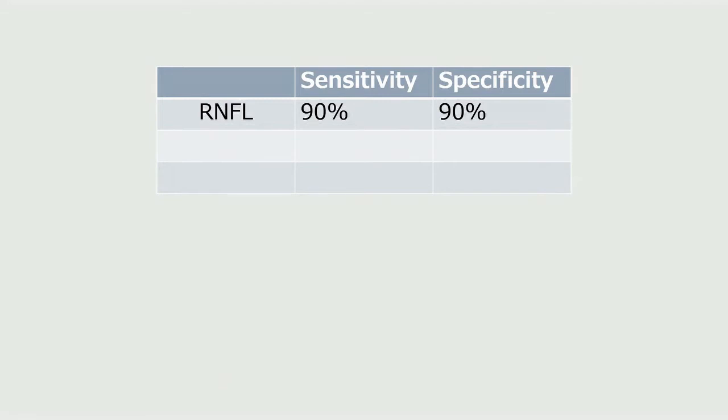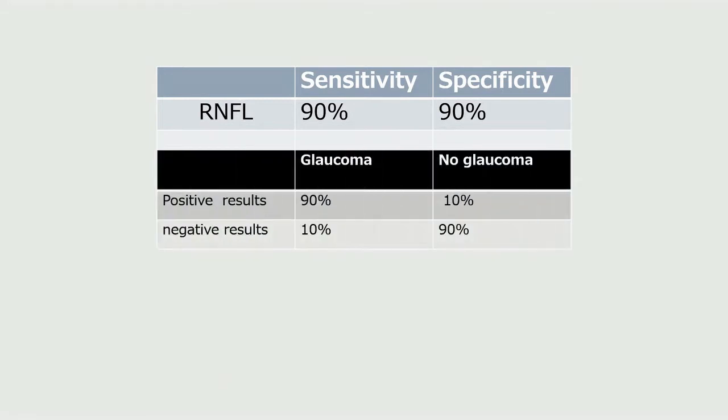Now, if we apply 90% sensitivity, this means we are going to have real positive results in 90% of the group of glaucoma. The remaining will show us negative results, false negative results.